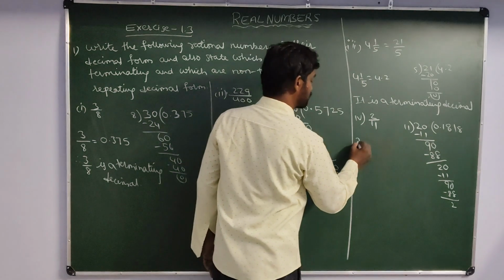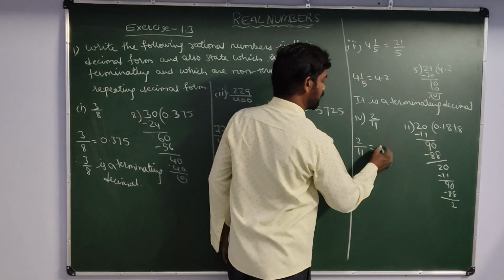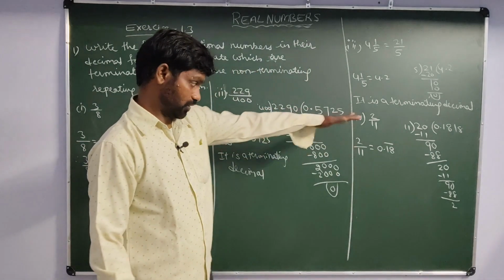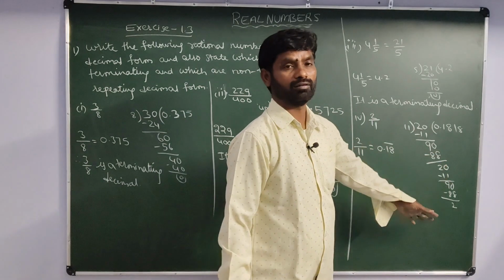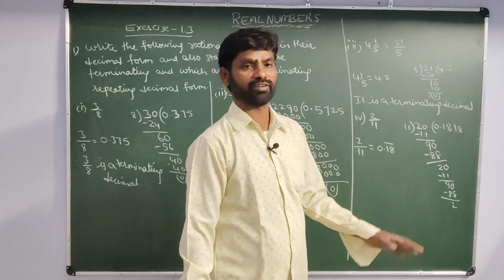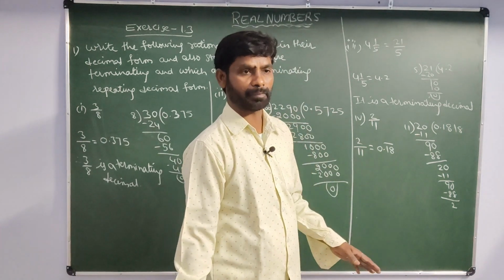Therefore, we can write that 2 by 11 is equal to 0.18 bar. So further, we can solve. Continuously we get the same values, 0.18181818. So there is no stoppage.